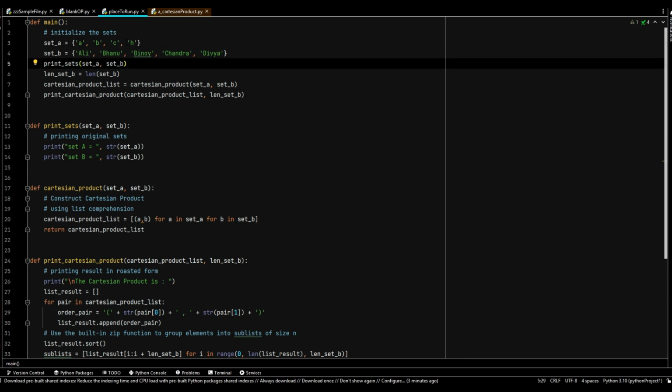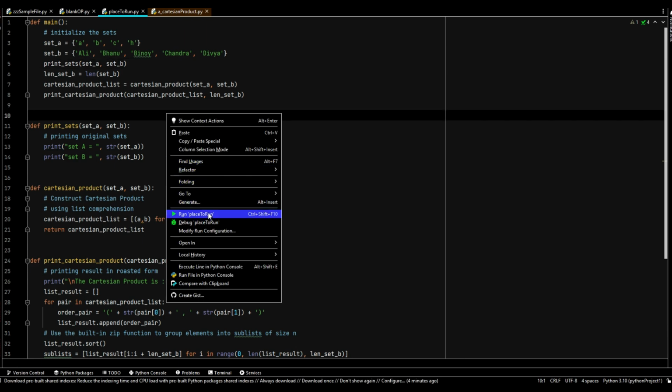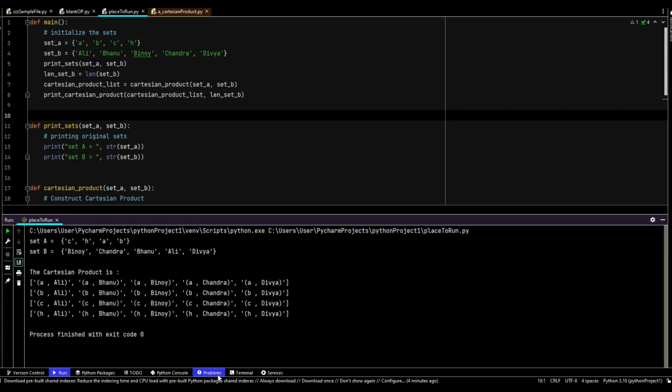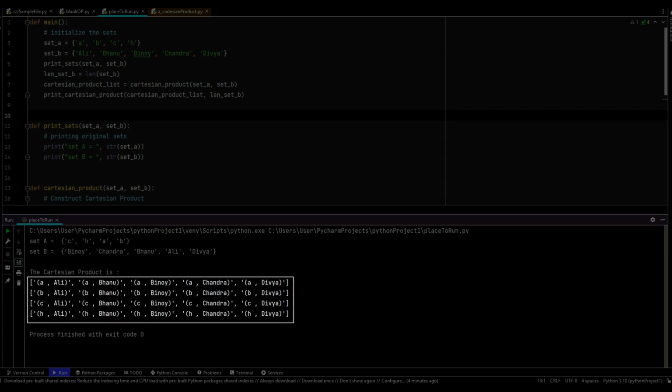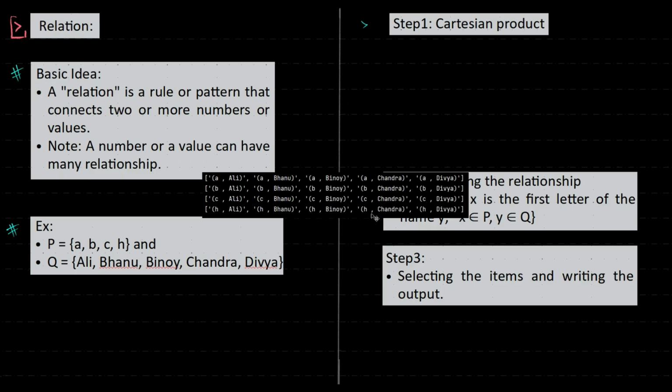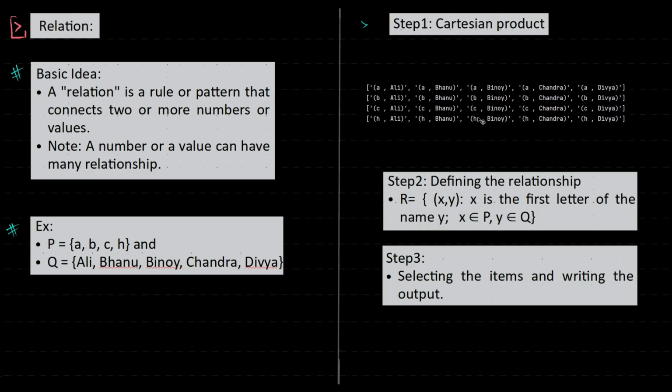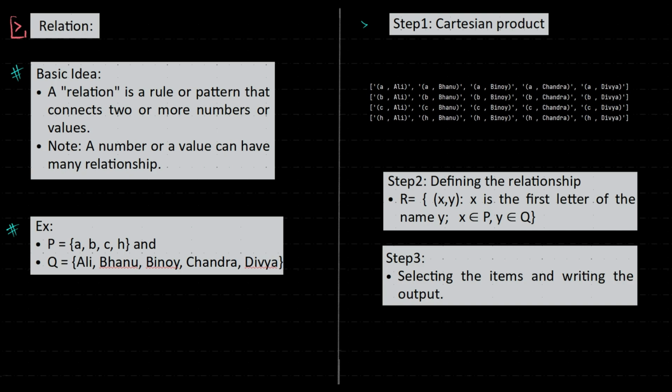And the same set of people. Now we are going to produce the Cartesian product. So this would be your output. So this is the result of P cross Q.